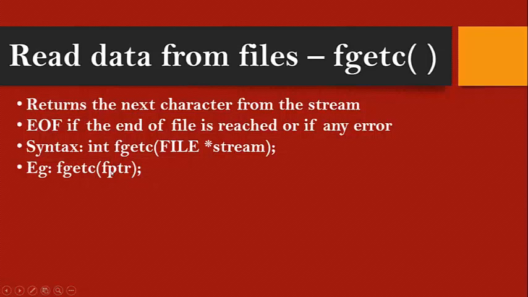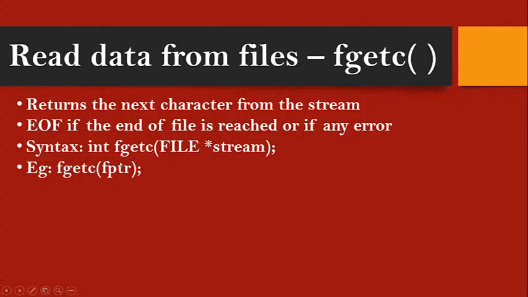This file pointer acts as a file handler through which you access the file. Let's say I have a data file for the record employee. This employee file has to be accessed, so I create a file pointer variable and use it in the fopen function in order to open the employee file.